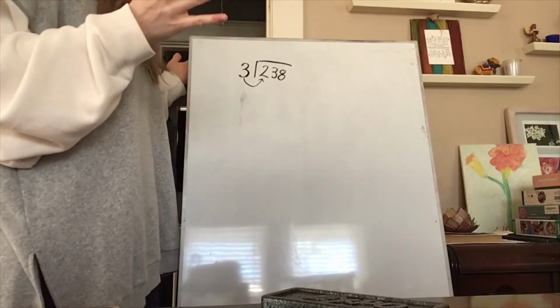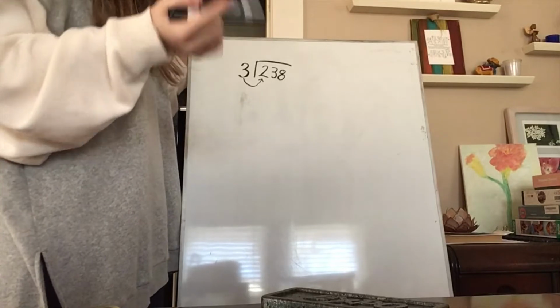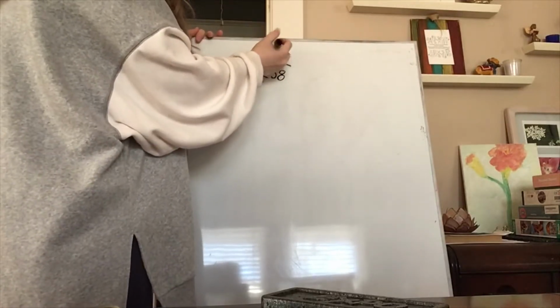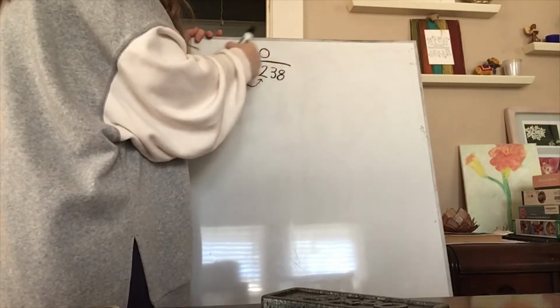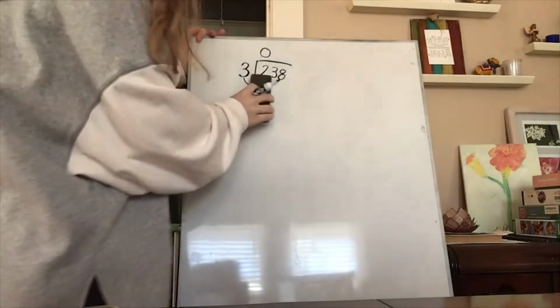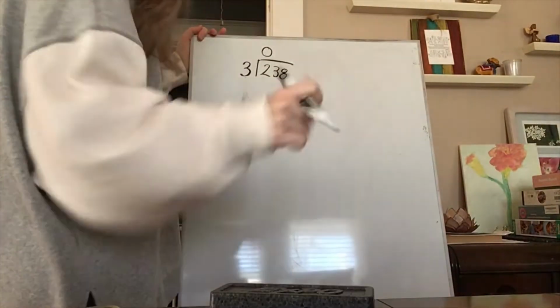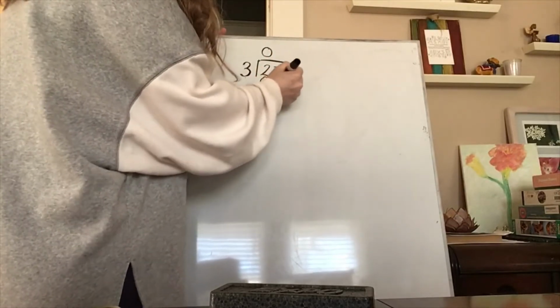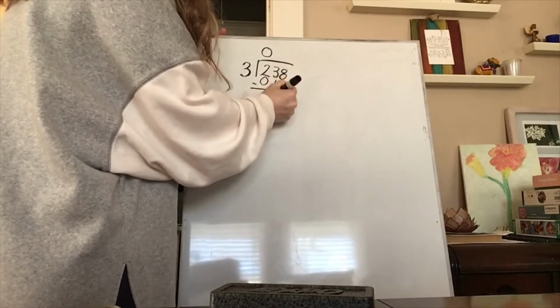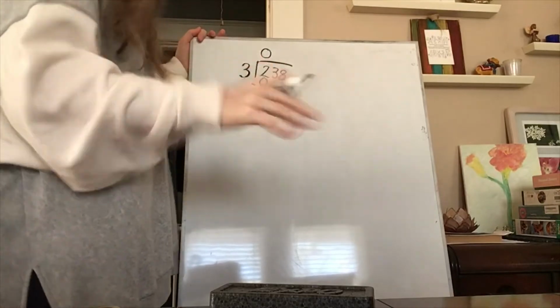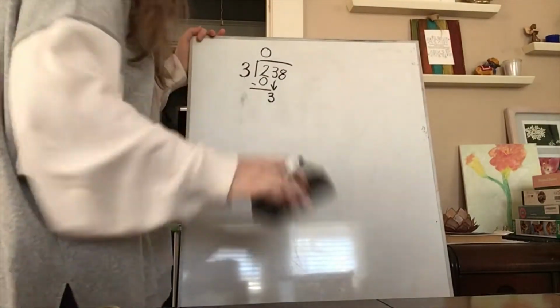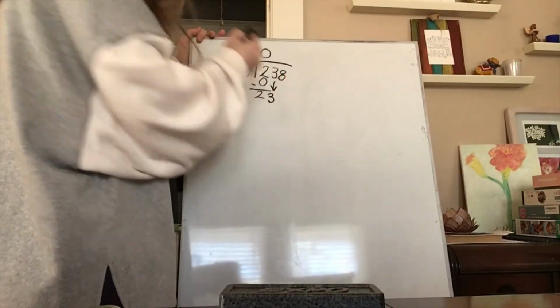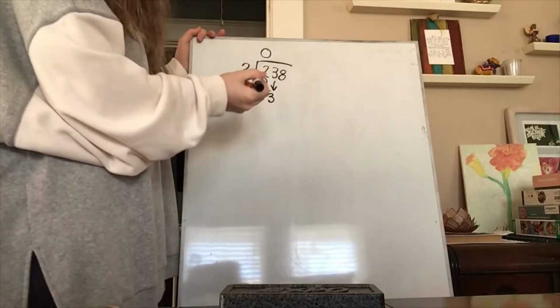No, it can't. So when we were first learning, we learned that we put a 0 up here, multiply 0 times 3 to get 0. 2 minus 0 is, I'm sorry, whoops, 2 minus 0 is 2. And then we bring down the 3 to get 23.